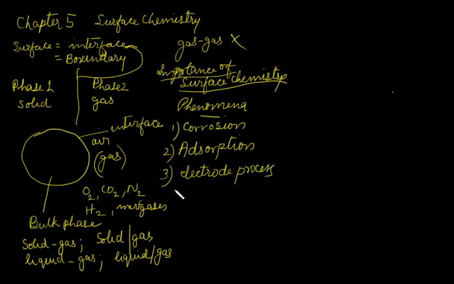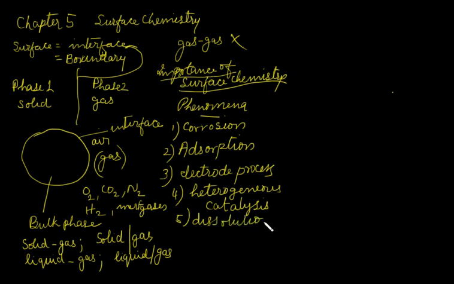Electrode process, heterogeneous catalysis, dissolution, and crystallization. These are all very important phenomena taking place on the surface of substances.